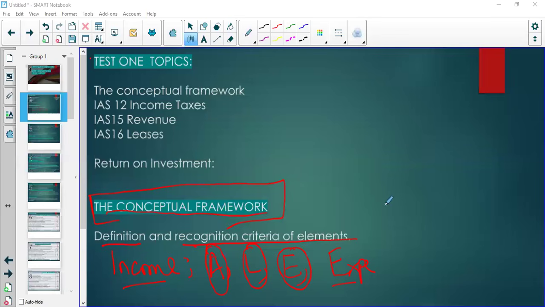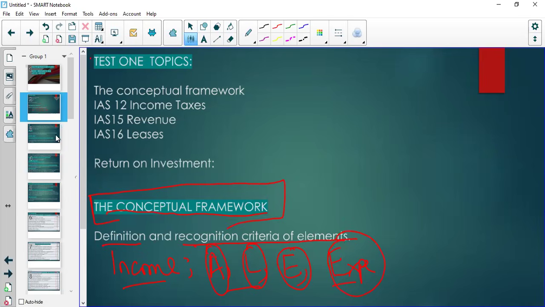It is the study pack that you use. So in the study pack, you have questions that demonstrate how you answer that. So I think you should be fine, especially with assets and liabilities. So what I've done is that I just prepared one, and we're going to focus on expenses.